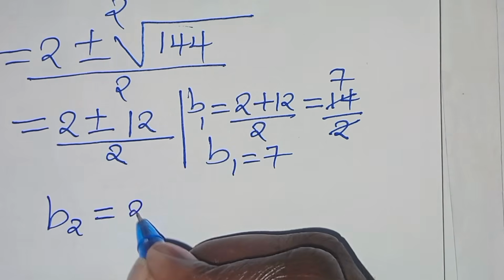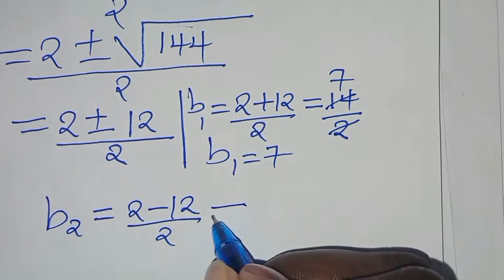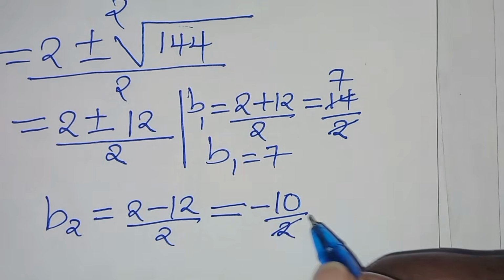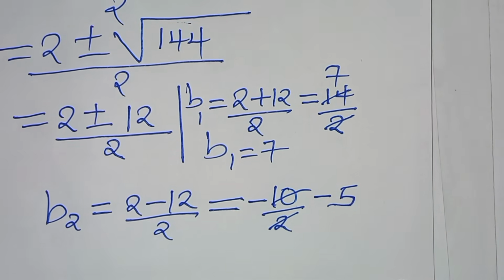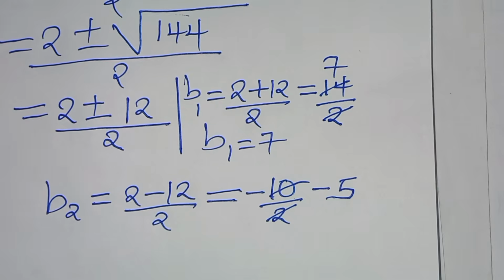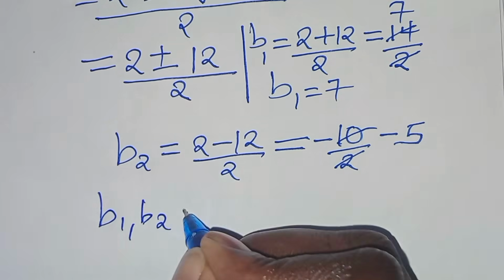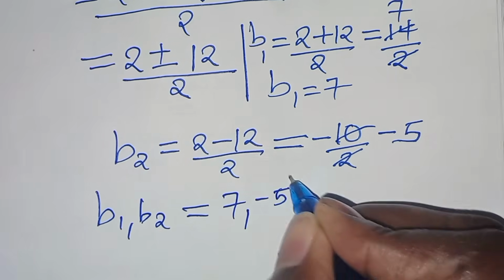This is the same thing as 2 minus 12 over 2, so this is the same thing as minus 10 over 2. So now we have that B2 is equal to minus 5. We have B1, B2 equal to 7 and negative 5.